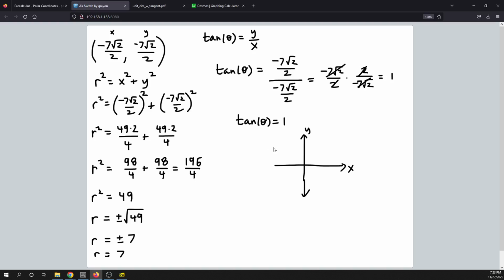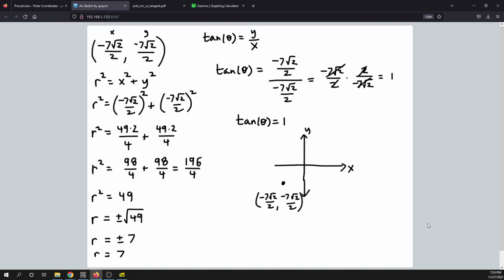And then y is negative, and so I would go down. So the point that we were given is somewhere down in this third quadrant. Again, you don't have to locate it exactly, but that's where it would be, because both of these coordinates are negative.